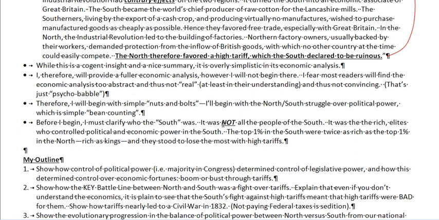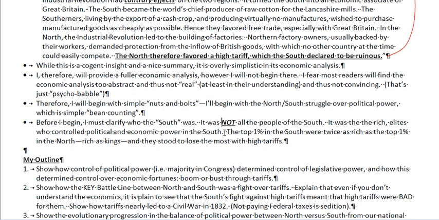Before I begin, I must clarify who the South was. It was not all the people of the South. It was the rich elites who controlled political and economic power in the South. The top 1% in the South were twice as rich as the top 1% in the North. Think about it. The industrial financial barons in the North, Wall Street, whatever, right? These guys are twice as rich as the top guys in the North, right? They were super rich.